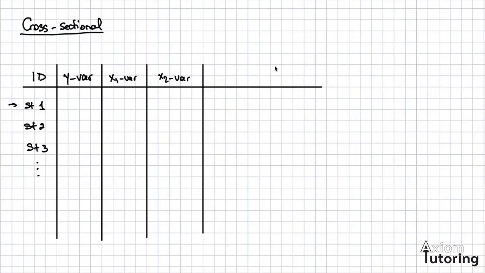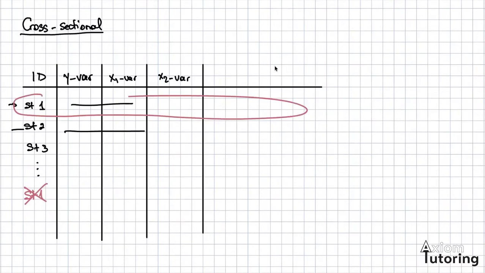This line here is giving you information on student 1. This line here is information on student 2 and so on. There is no other line where student 1 appears again. So all the information available on student 1 is in this one line, and that's how we say that ID is your uniquely identifying information here.